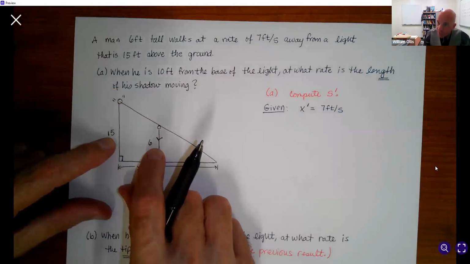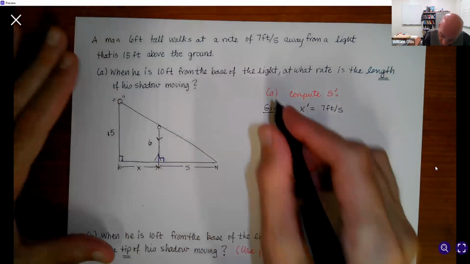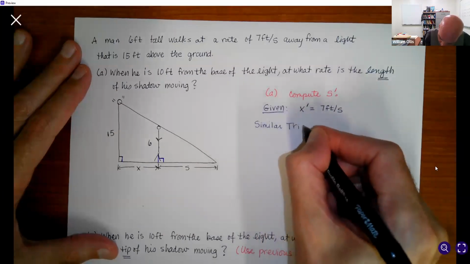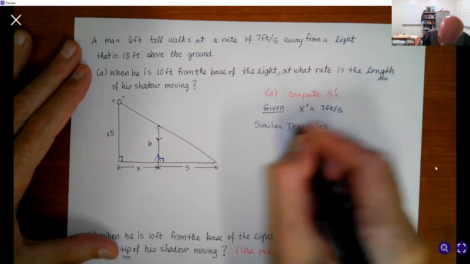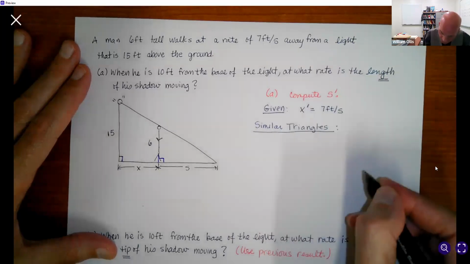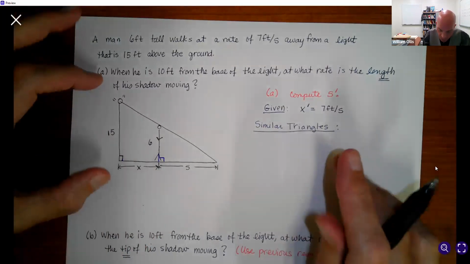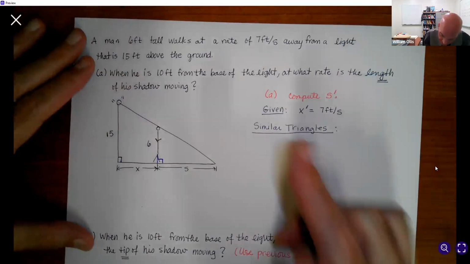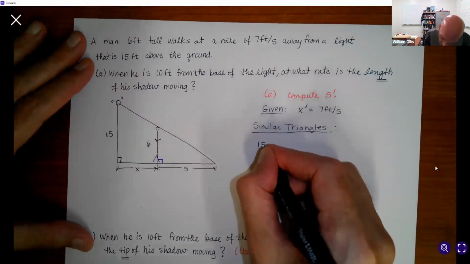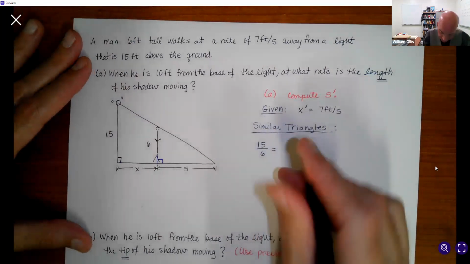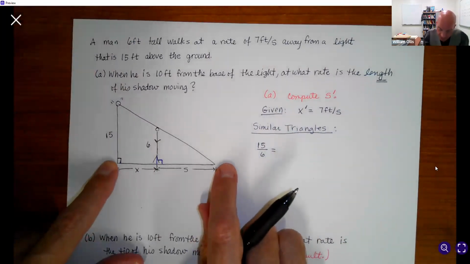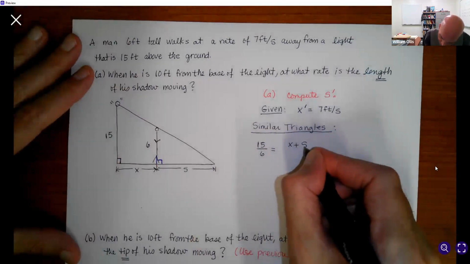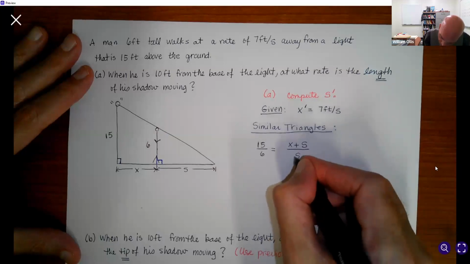So we're okay if we don't actually write these over here, because I'm not really assigning any variable status to these since they're fixed. So again, by similar triangles, we get just a relationship between the actual X and S. So we'll say this leg here, 15 is to 6 of the two respective triangles, again, as X plus S is to S. Okay?